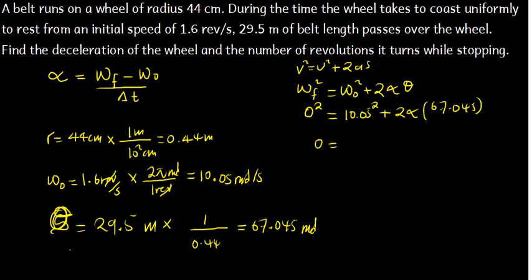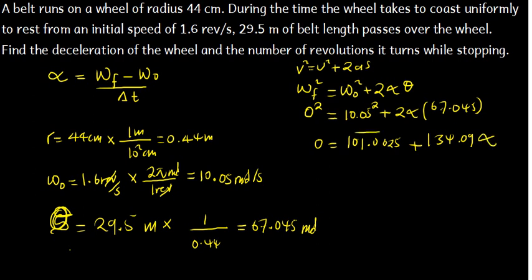So 0 is equal to 10.05 squared, that is 101.0025, and then plus, we're going to multiply the 67.045 by 2, that is 134.09, and then there is alpha there.